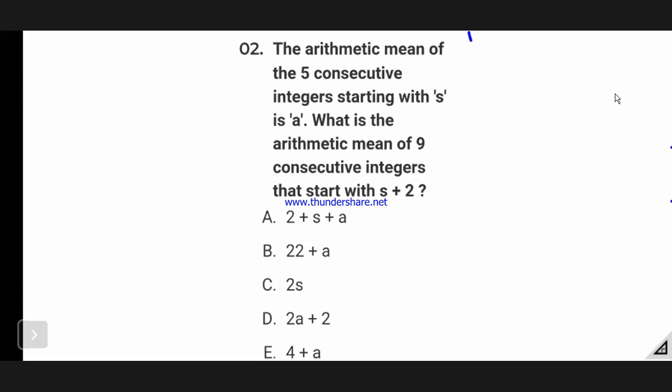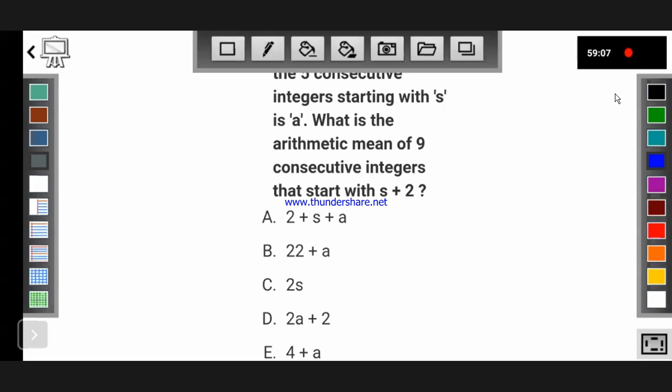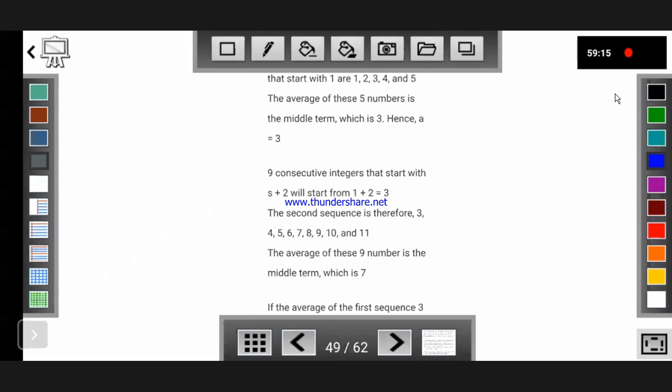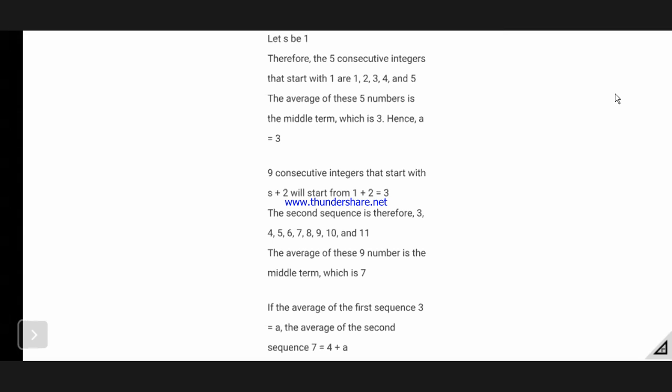4 plus A, ma'am. 4 plus A. Let's check the answer. See here. Let's assume the first value as 1. We will get 5 numbers, since they have said 5 consecutive integers.